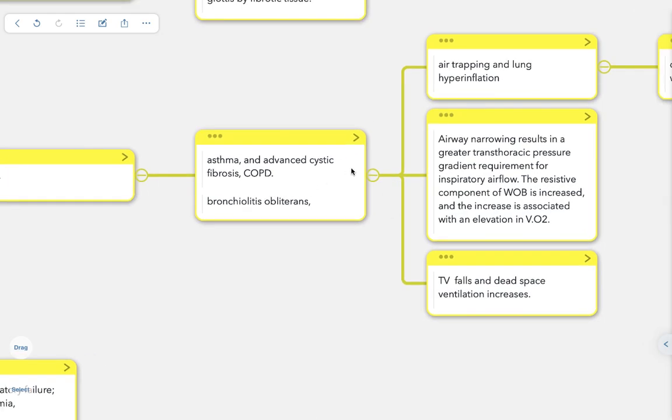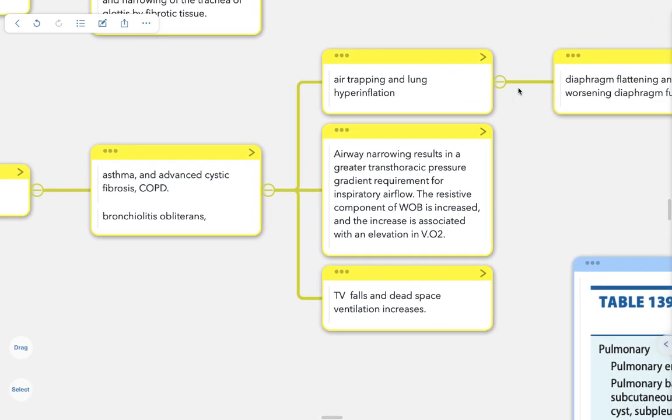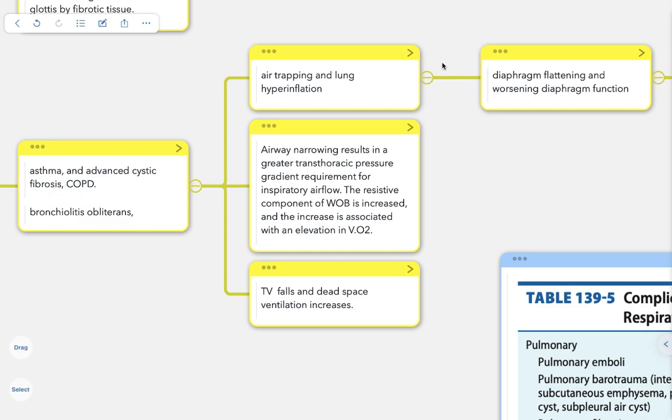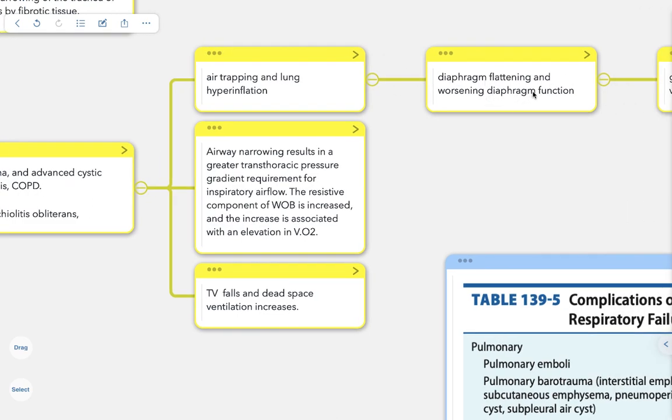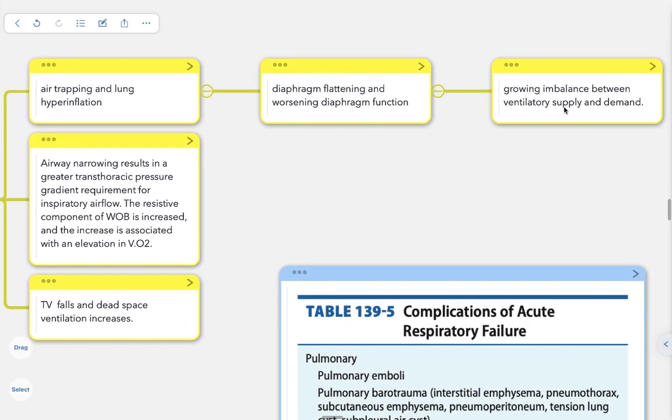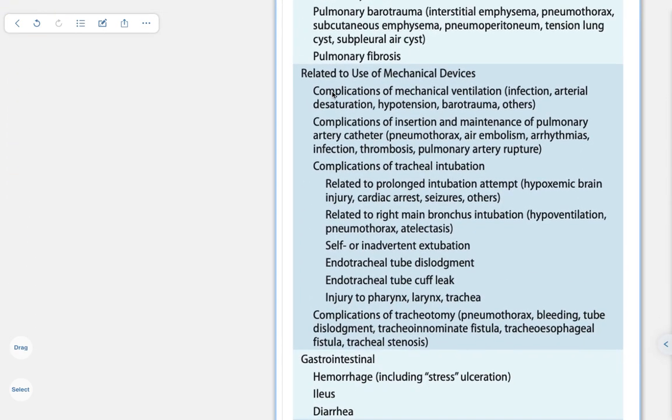Now, this leads to air trapping and lung hyperinflation, which eventually leads to diaphragm flattening and worsening diaphragm function. When this happens, like we said, there is a growing imbalance, and due to this problem, the ventilatory supply would eventually go down, like we just studied, right?